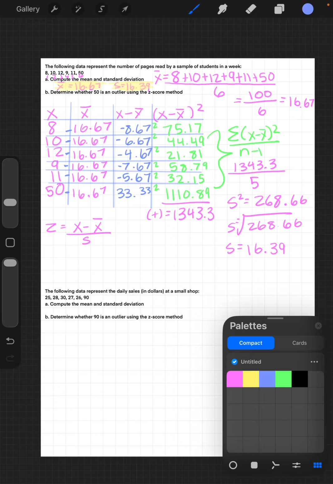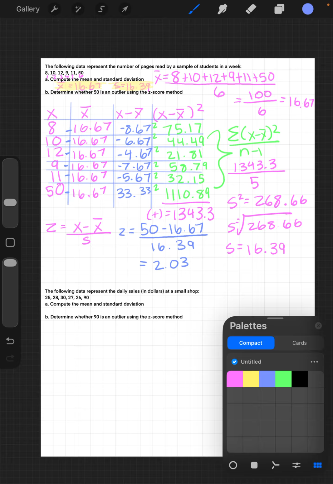And in our case, it's going to be 50 minus 16.67 divided by 16.39, which is about 2.03. So is this an outlier?